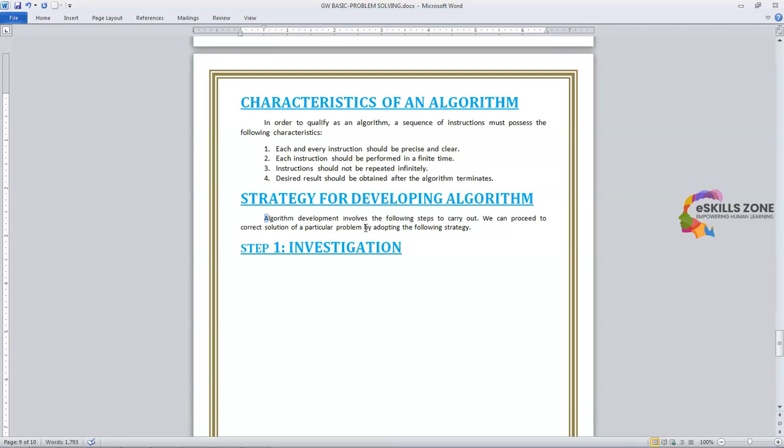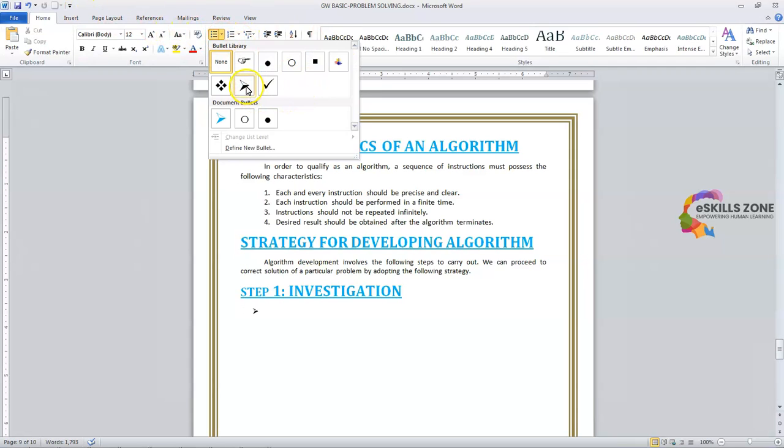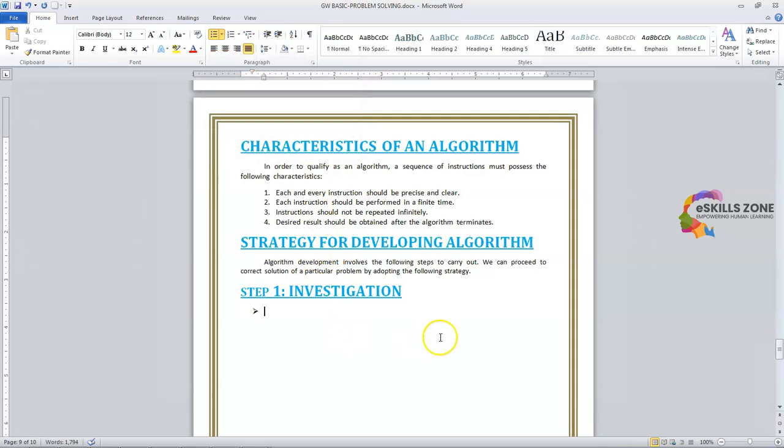Now we'll discuss this one. In this there are certain steps involved, so we will give some bullet numberings like this. Number one is identify the processes.